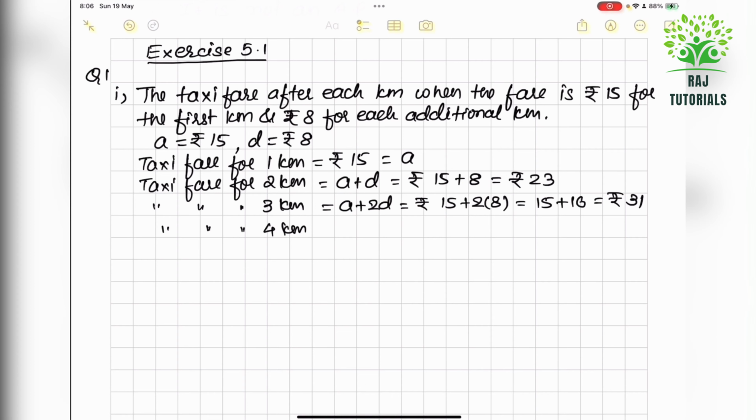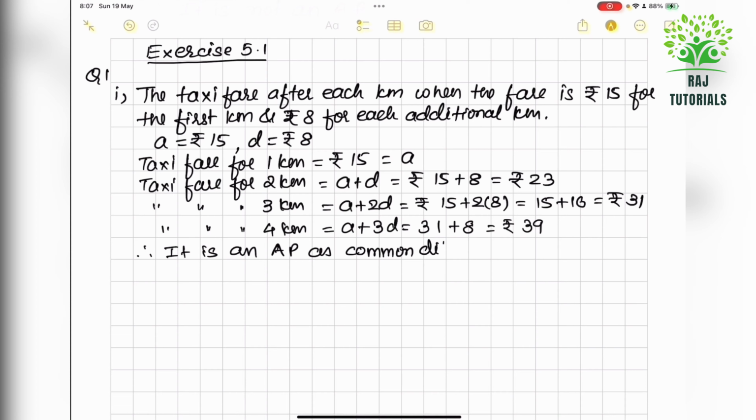Here I am writing A plus 3D, but what I am doing is 31 plus 8. So that answer will also be the same. So here I can say, okay, therefore it is an AP with common difference D equal to rupees 8.